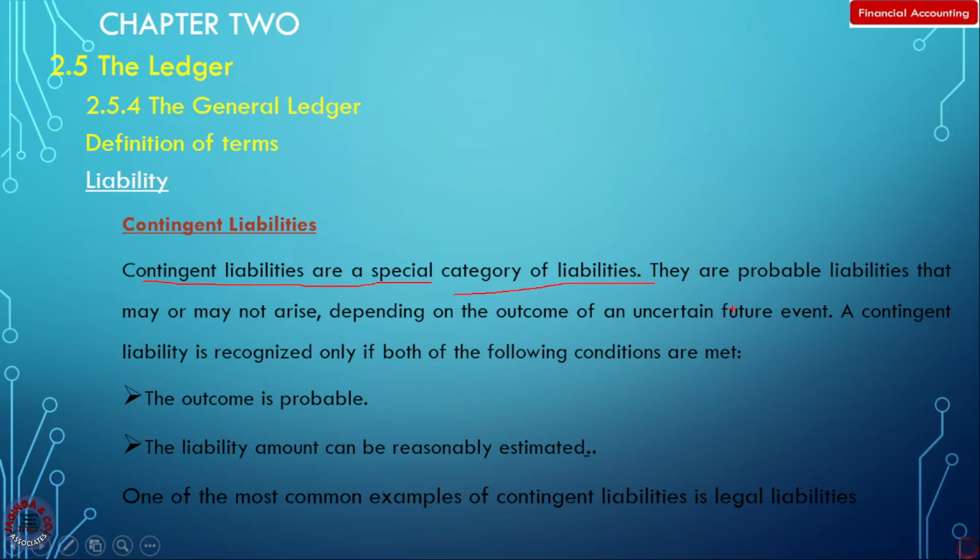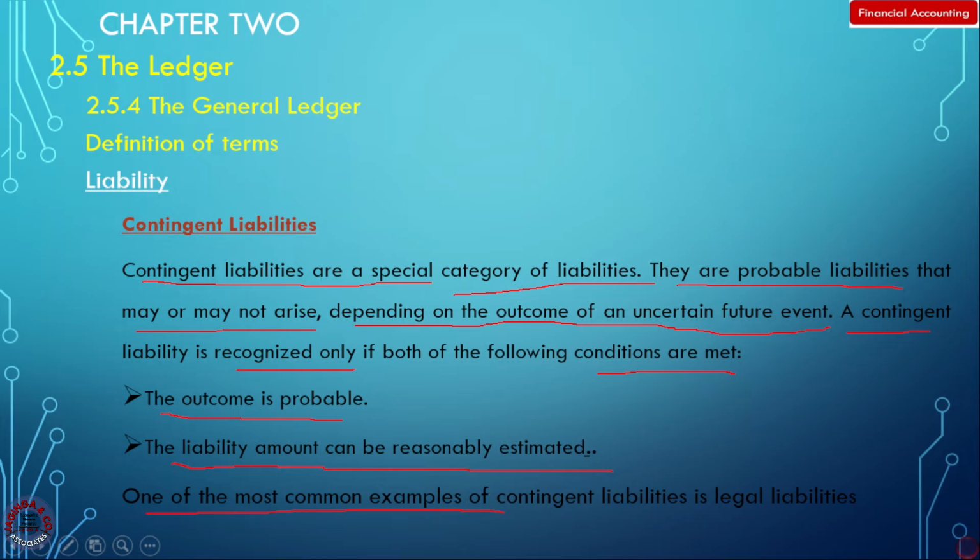They are probable liabilities that may or may not arise, depending on the outcome of a certain future event. A contingent liability is recognized only if both of the following conditions are met: the outcome is probable, and the probable amount can be reasonably estimated.